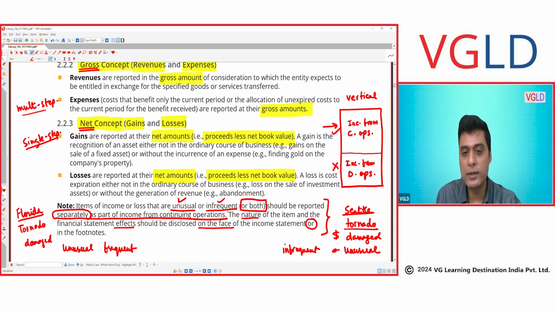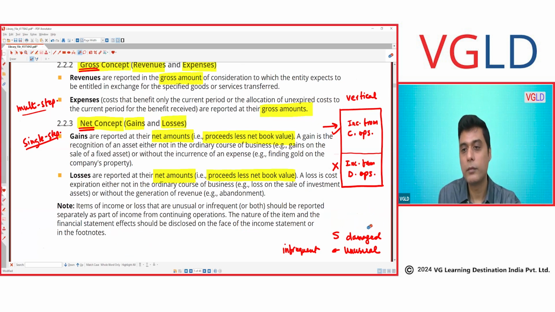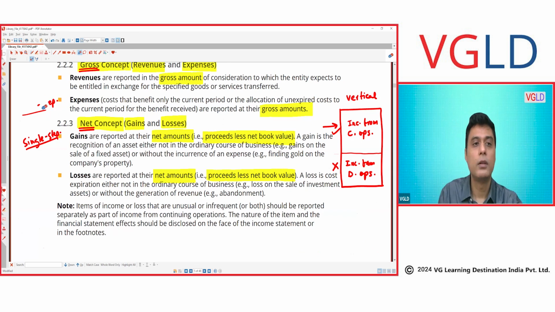I'm just talking about the second sentence right now.